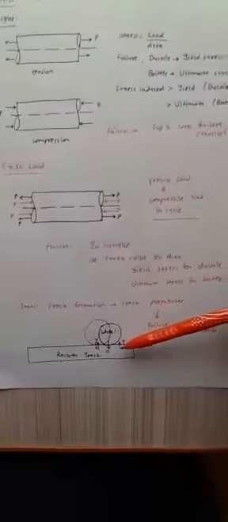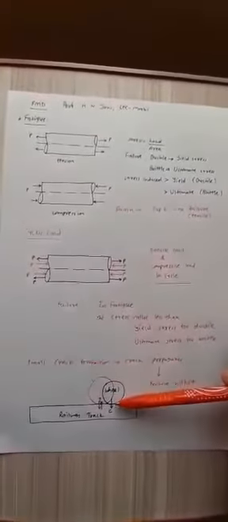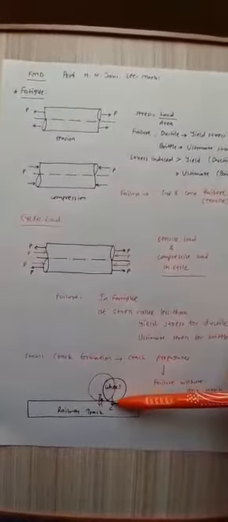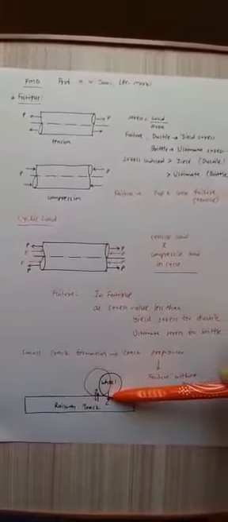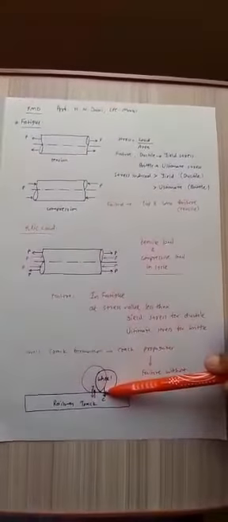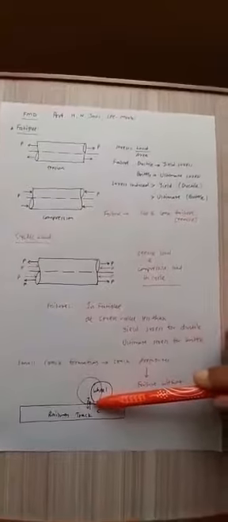There is a railway track. Suppose the wheel of a wagon is available over here. Due to the weight of this wagon, compressive load is applied at the fibers over here, and the nearby fibers are subjected to tensile load.